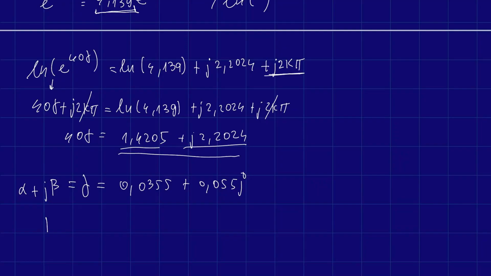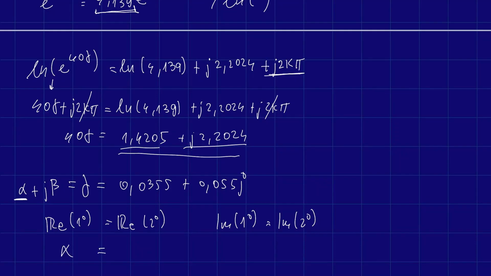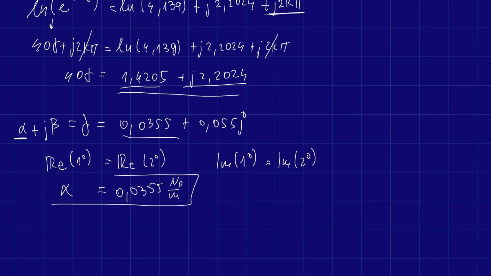You put that the real part of the left side is equal to the real part of the right side. The same for the imaginary part of the left side, it needs to be equal to the imaginary part of the right side. But since now we are interested in alpha, which is the real part, we will say that alpha is equal to the real part of the right side, which is 0.0355, and the unit is Nepers per meter. So we arrived at our solution finally.